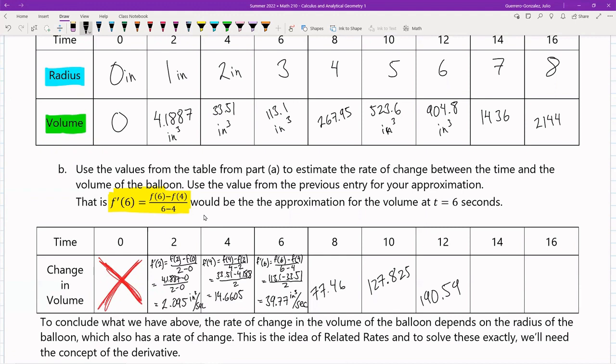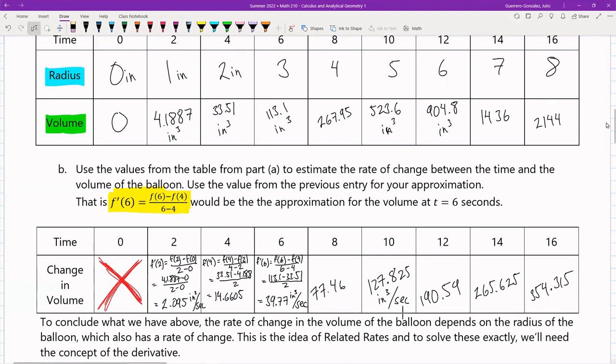The next one at 14 is 265.625. These are all approximate, okay? And then the very last one, 354.315. Just keep in mind that all of these are a change in volume, so these are inches cubed per second.